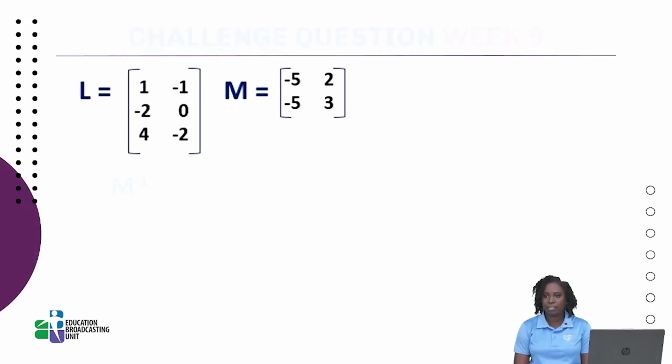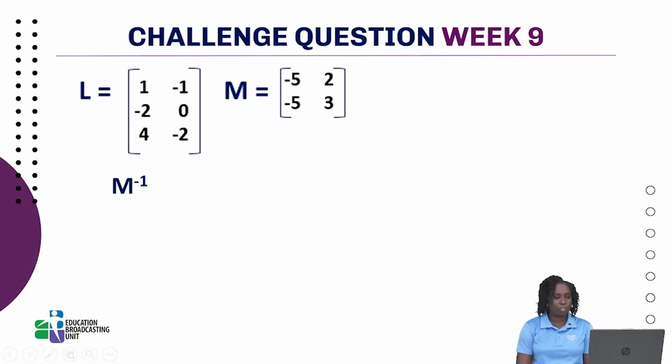And so we look at the second part of the question, which was M inverse. A reminder that the inverse of a matrix is equal to 1 over the determinant of the matrix times the adjoint of the matrix. So let's begin.